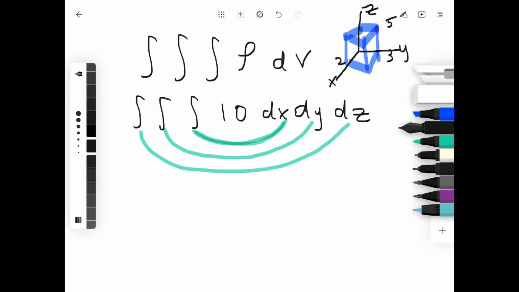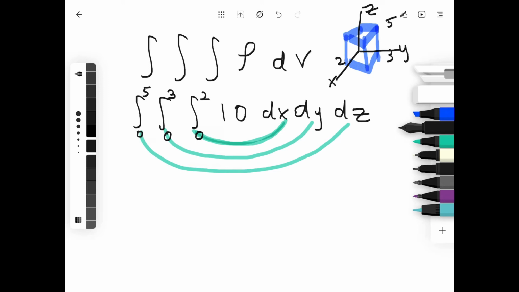So with that in mind, we know that x goes from the origin to 2. So it's going to be 0 to 2. And then on y, it goes from 0 to 3. And finally, on z, 0 to 5. So there you go. Now we're all set up to set up our integral to find the mass.